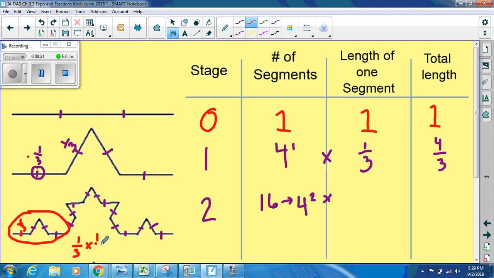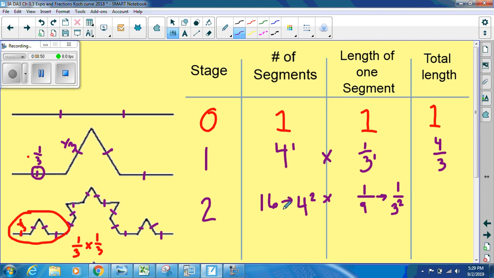So each of those smaller pieces is 1/3 of 1/3. It's 1/3 of the segment from before. So the length of one segment is 1/9. 1/9, we stick with our pattern here, can also be written as 1/3 squared. In the previous step I had 1/3 to the first power. Now I have 1/3 squared.